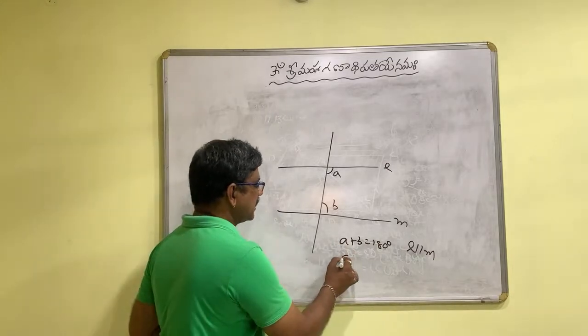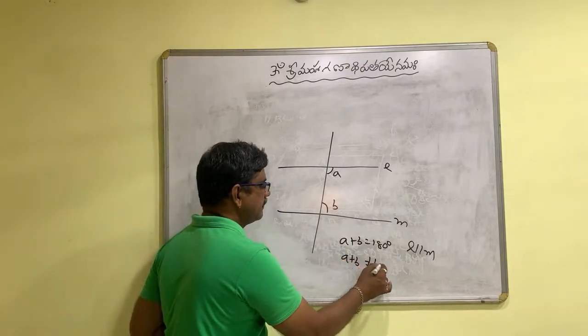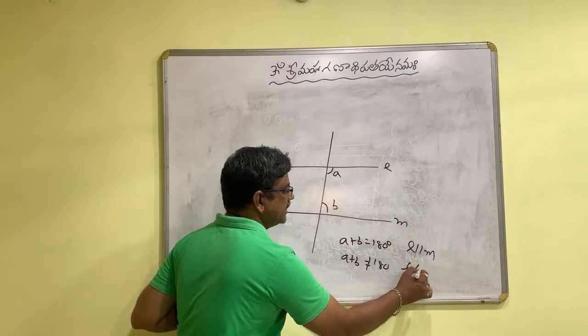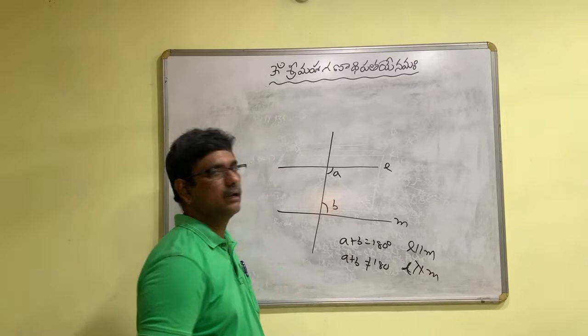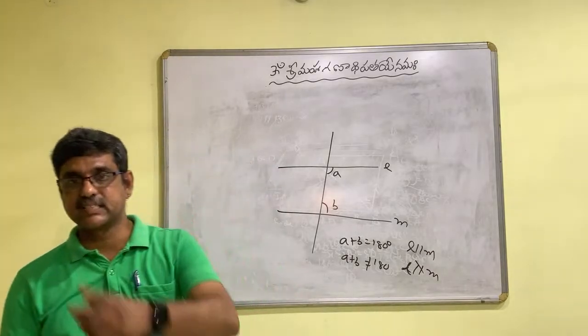If their sum is not equal to 180, the lines are not parallel. This is what Euclid says.